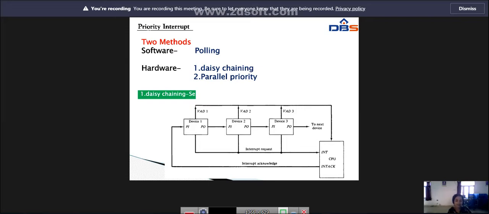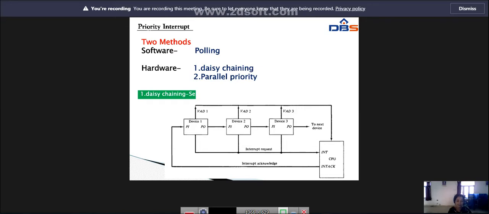At the last we have the CPU, with the interrupt input and the interrupt acknowledgement. Whenever the interrupt request comes to the CPU, it responds to the interrupt request by enabling the interrupt acknowledgement line.